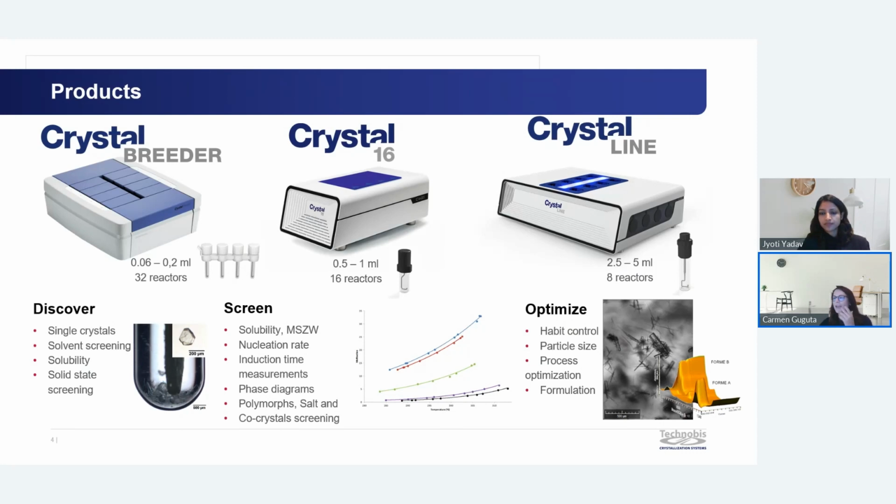The Crystal Breeder, the gadget type of instrument, as I always like to call it, with its controlled evaporation or vapor diffusion setup, is the ideal instrument that helps you grow single crystals or perform crystallization type of screens. Remember, Technobis is a provider of lab instruments, which enables you to measure, characterize, and control some of the properties related to crystallization, and I'm sure you'll hear more about this during this webinar.